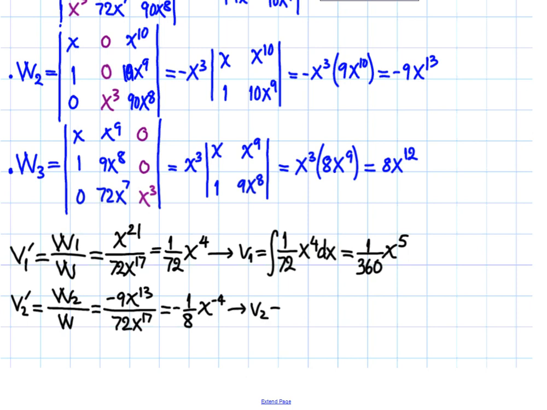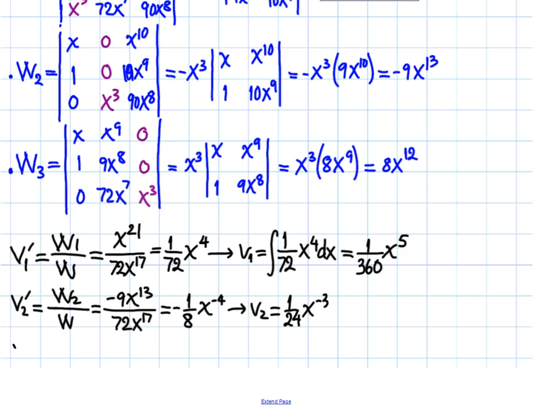Integrate and we should have V2, and that will be negative 1/8 multiplied by negative 1/3, so that will be 1 over 24 x to the negative 3. We just integrate.